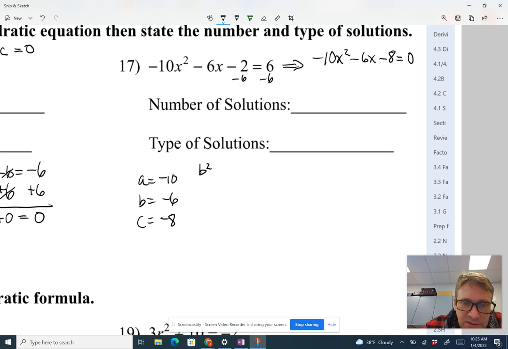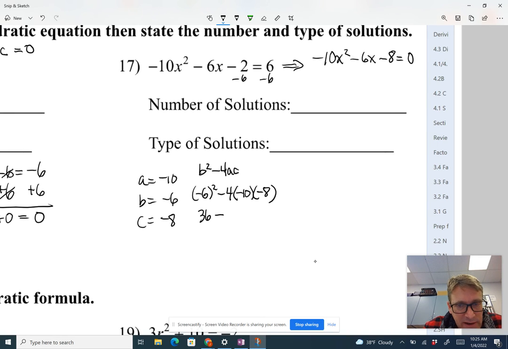And the discriminant is b squared minus 4ac, and b is negative 6 squared minus 4 times a, which is negative 10, times c, which is negative 8. And negative 6 squared is 36. And I have a negative, a negative, a negative, 3 negatives.